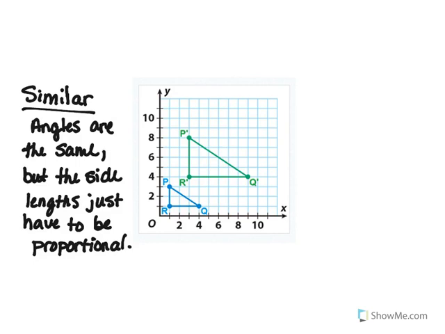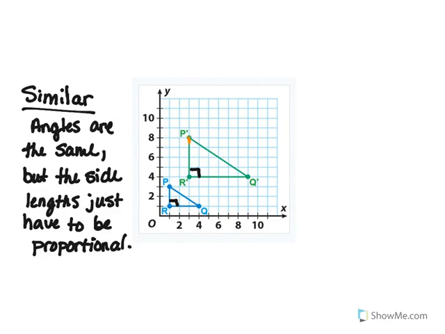So like these two figures that I have up here, these could be similar. They have the same angles. We can see that because this is a 90-degree angle here. But they don't necessarily have the same side lengths, but they could be proportional. So we're going to figure out if they are actually.